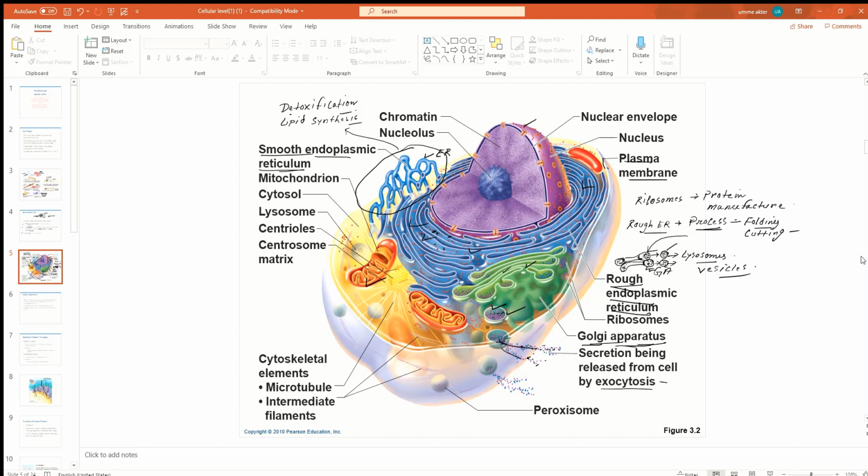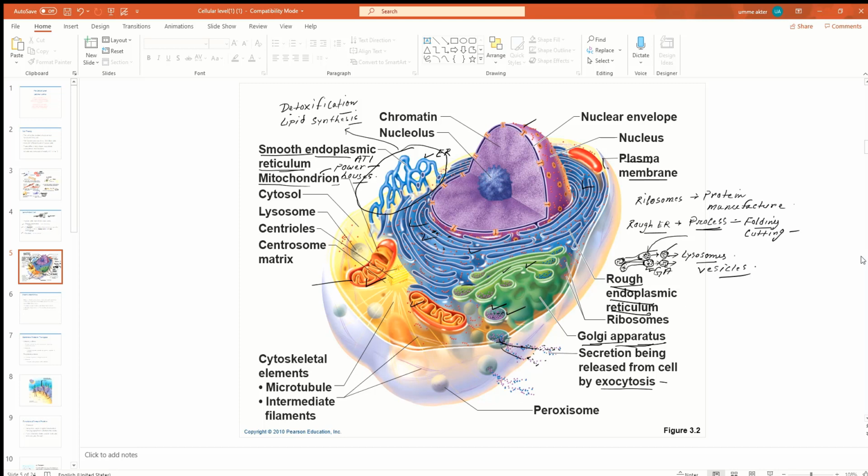These structures, you see in orange color, are very important. These are called mitochondria, and mitochondria are known as powerhouses. Why? Because mitochondria produce ATP, the source of energy.